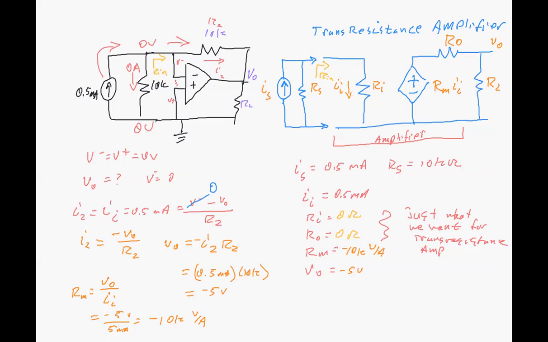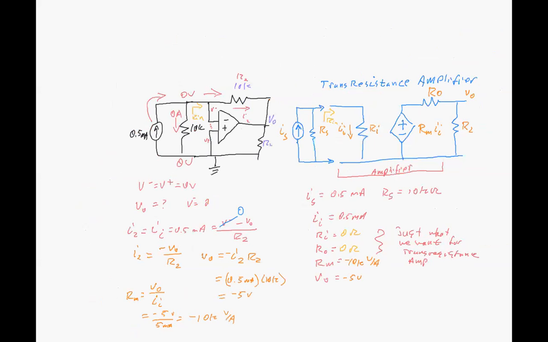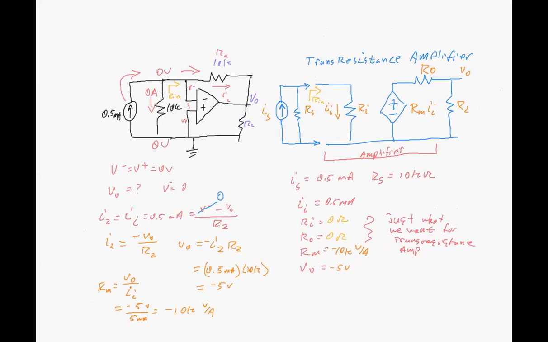This way of thinking about the op-amp circuit is exactly what we would have done if we had that Thevenin equivalent on the input voltage source, but it's easier to find this abstract model of the amplifier if we think about it in terms of the current source on the input.